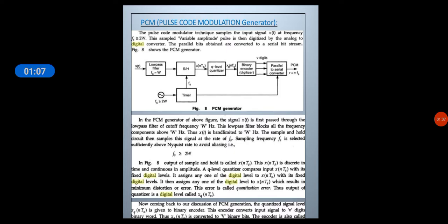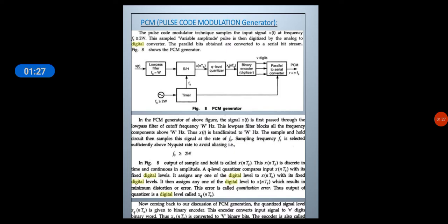So the definition of pulse code modulation: the input here is an analog signal. Analog signals are converted by means of coded pulses. Those coded pulses may be 8 bit, 16 bit, 32 bit, 64 bit, up to 256 bits.